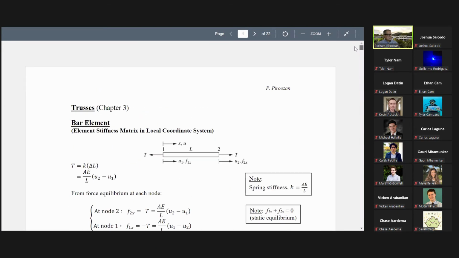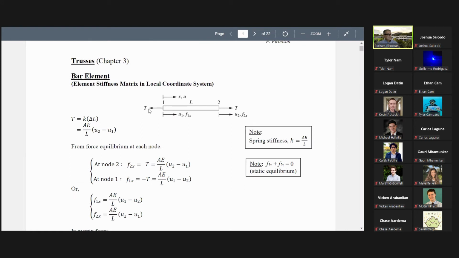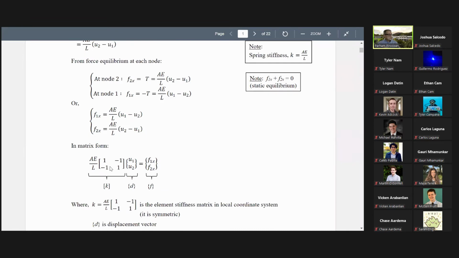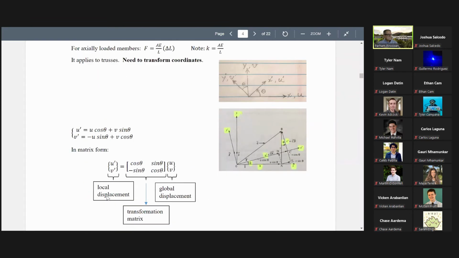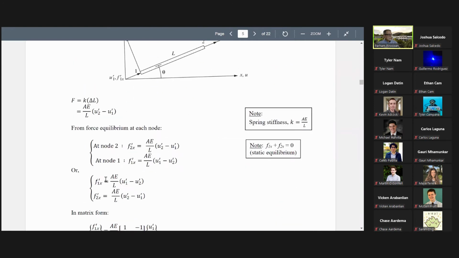We started today with this, but instead of this one, I'm just putting it at an angle, but with respect to its local coordinate system, so it is the same thing as what we derived here. So this is what you see here: AE over L times u1 prime minus u2 prime, and the same for F2.